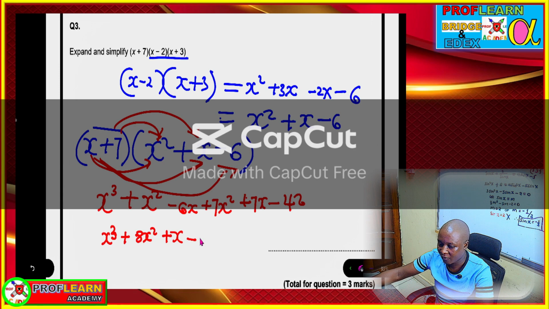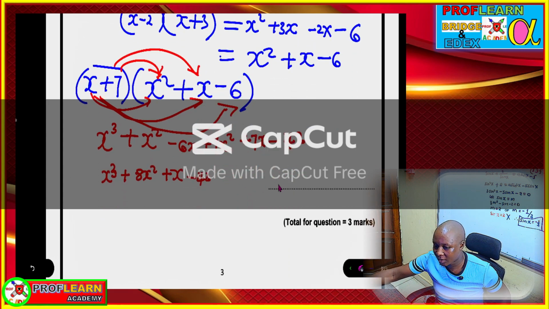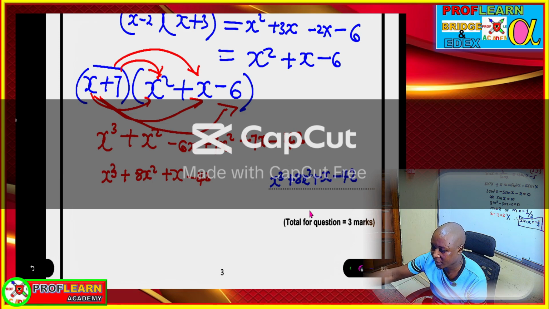And then we shall have minus 42, and that becomes our final answer. Let me just simplify that and transfer it here to be x cubed plus 8x squared plus x, and then minus 42 as the final answer.